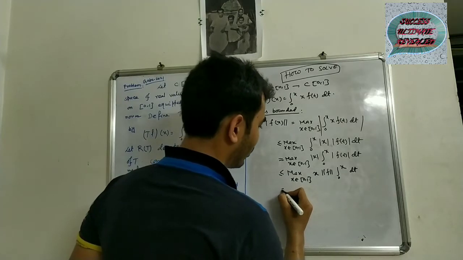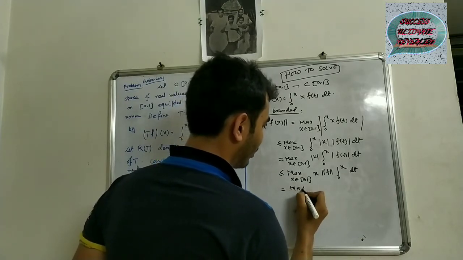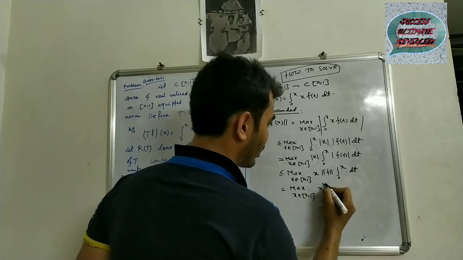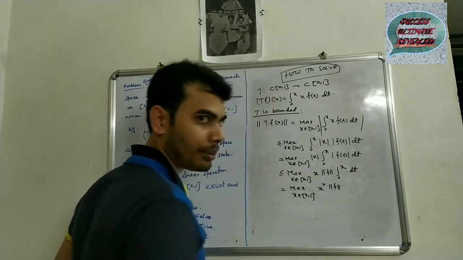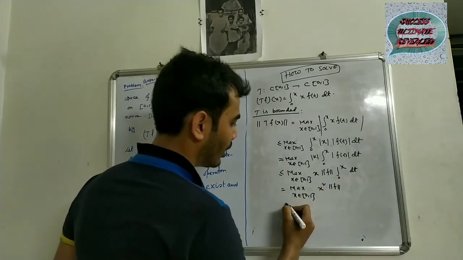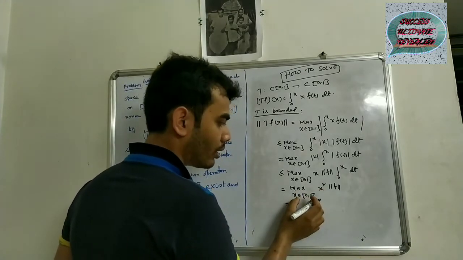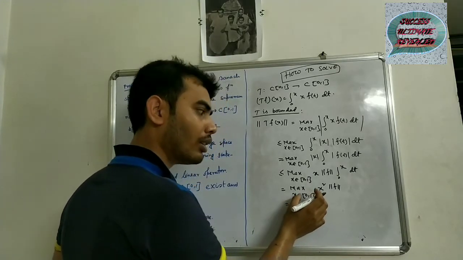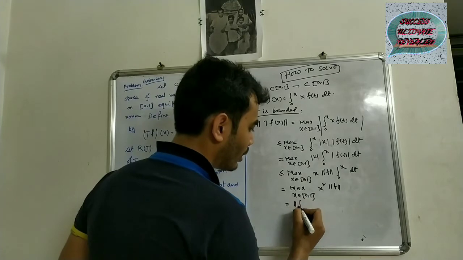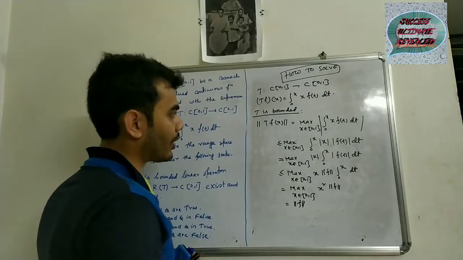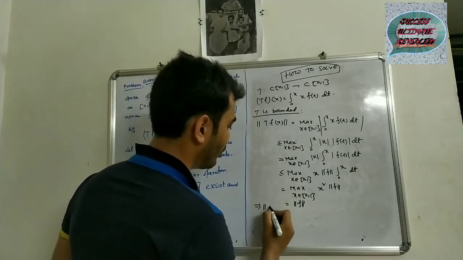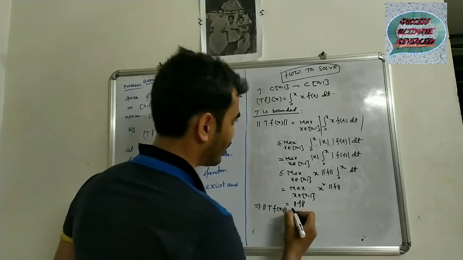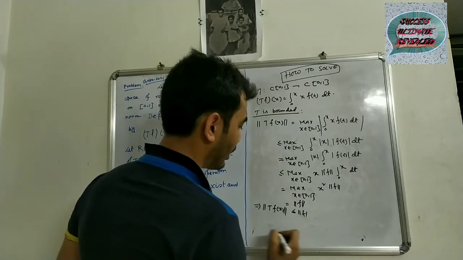And this is equal to the maximum over x in [0,1] of x square into norm of f, and the maximum of x square for x in [0,1] equals 1. So ultimately we get this is equal to norm of f. So finally we get norm of Tf(x) less than or equal to norm of f.